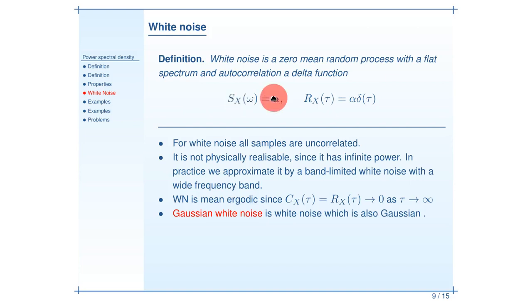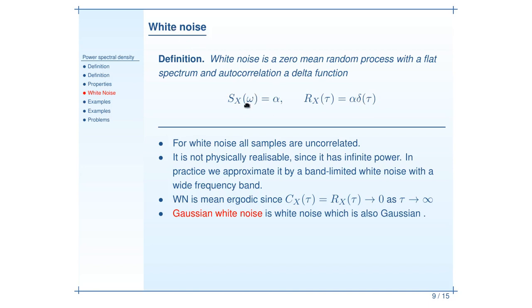If the power spectral density is 1, we know that the corresponding autocorrelation function, which is the Fourier transform, will be the delta function at the origin. So if the power spectral density is constant alpha, then the autocorrelation will be a delta function at the origin multiplied by alpha.